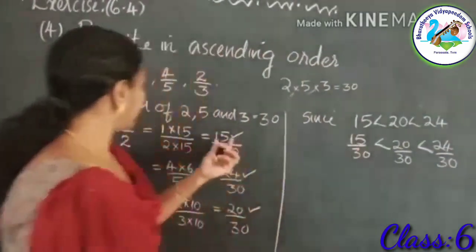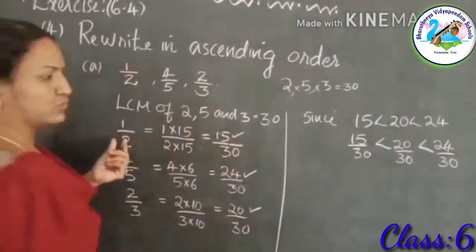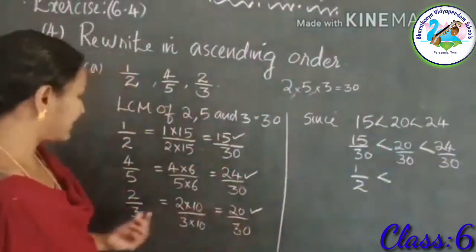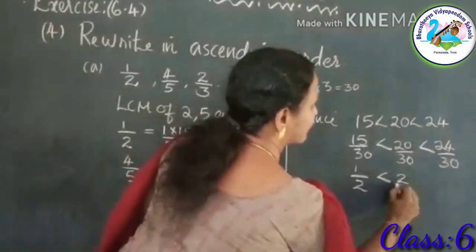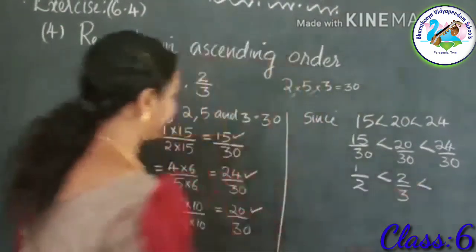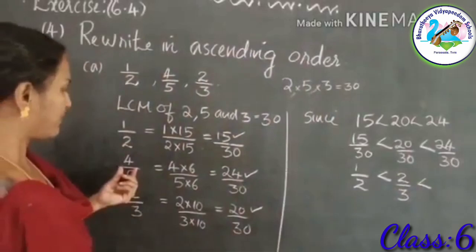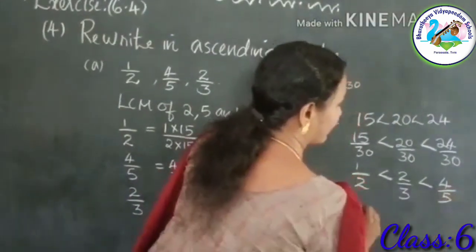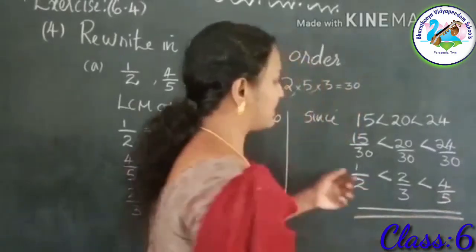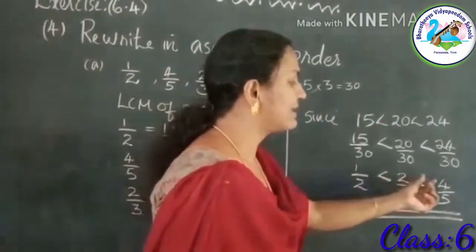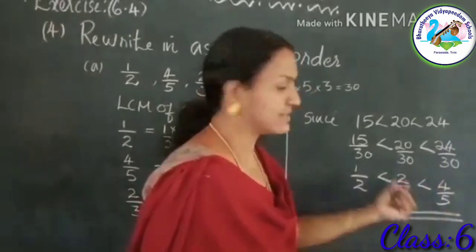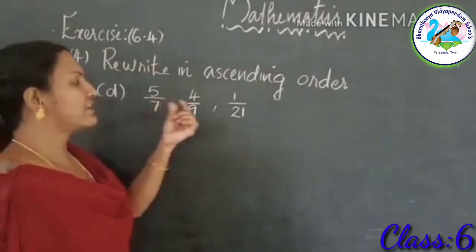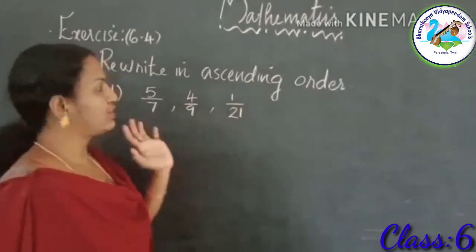Now 15 by 30 is 1 by 2, 20 by 30 is 2 by 3, and 24 by 30 is 4 by 5. So 1 by 2 is less than 2 by 3, less than 4 by 5. Smallest to biggest.